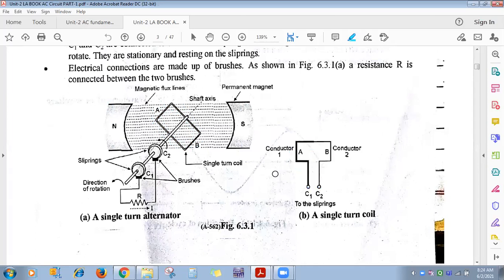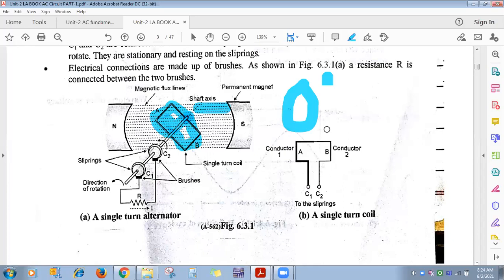Now, what is done here? Consider initially the plane of the coil and the magnetic field both parallel to each other, which means the angle is 0 degree. Hold the coil so that its plane and the magnetic field are parallel, so the angle between them is 0 degree.